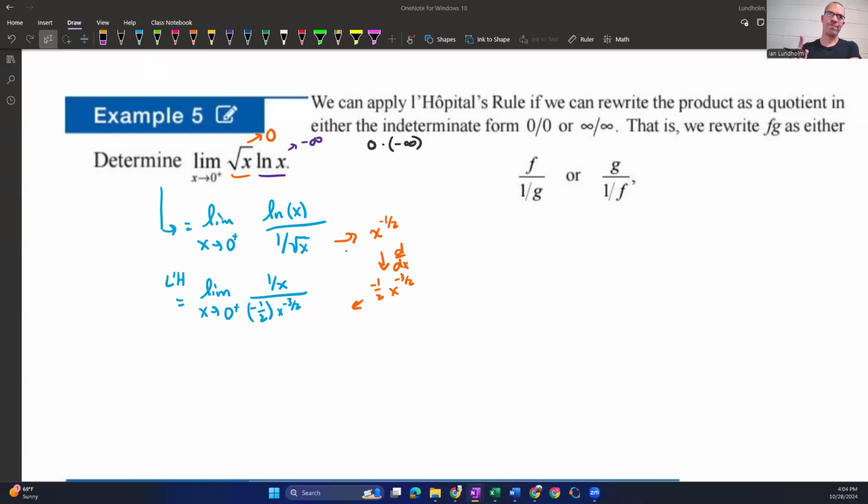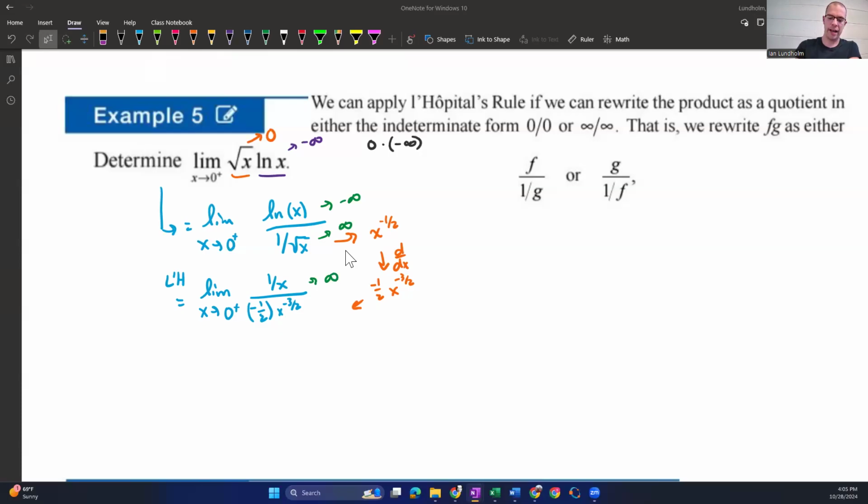I guess I didn't verify earlier. Let me make sure that we go back. If I put in 0 for x up here, this one would go to negative infinity. And if we put in 0 for x here, coming from the right, this would go to infinity on the bottom because it would look like 1 over the square root of 0. So we were in an indeterminate form previously. Are we in an indeterminate form now?